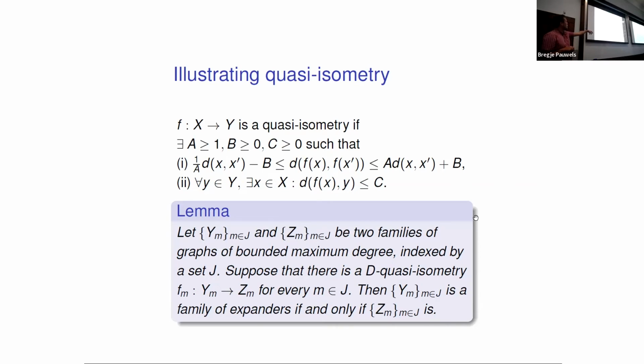So I chose a D there because if you have an A, a B, and a C, you can just put a D, which is higher than all of them. You could write A, B, C quasi-isometry instead of D. The point is, you want these constants to be independent of the family member that you're looking at. Then this lemma will guarantee you that if one of them is an expanding family, then so is the other. This is a crucial observation. Surprisingly, it took us a while to prove this. It's not very long, but it's tricky. I wouldn't recommend asking it on the exam.